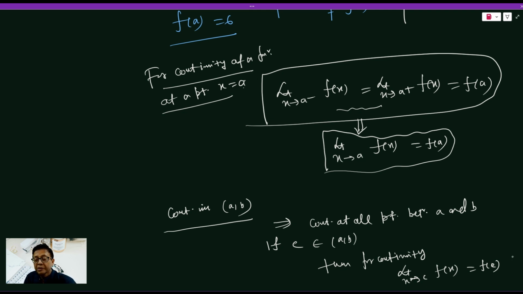Okay? Limit x tending to C f(x) must be equal to f(C), then it is continuous.